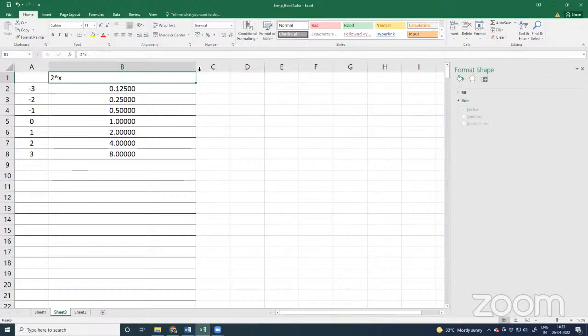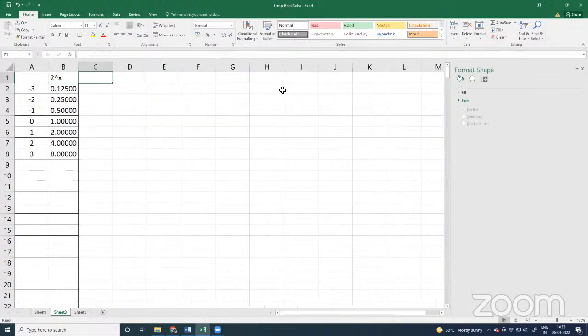Let us choose 5 to the power of x, then 10 to the power of x, then 1 by 2 to the power of x, then 1 by 5 to the power of x, then 1 by 10 to the power of x.